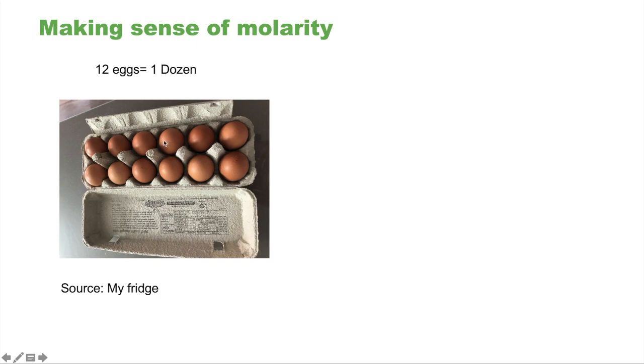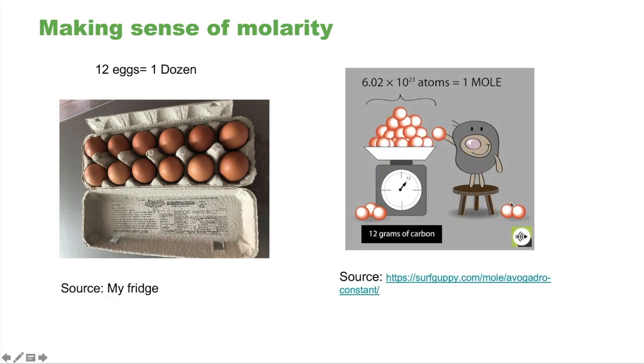But usually when we go to a regular grocery store, we buy 12 eggs, and we have a specific name for that. That's called a dozen. So that's an analogy for a mole. A mole of molecules equals this many molecules, and a dozen eggs equals that many eggs. So I hope that helps you relate to this concept of mole better.